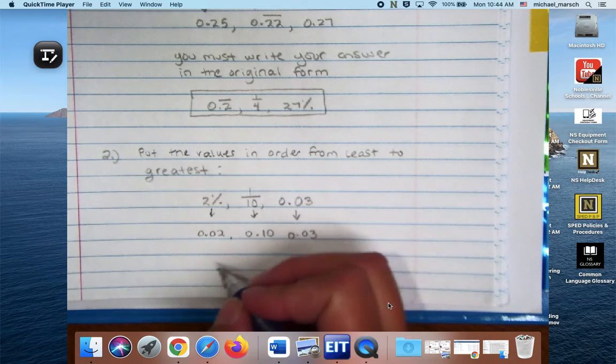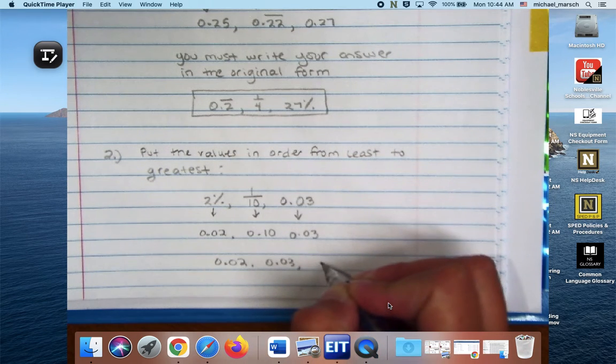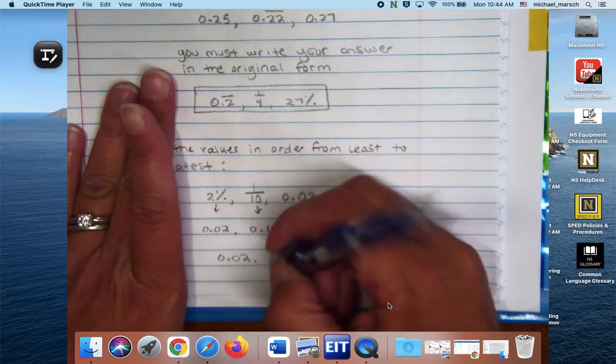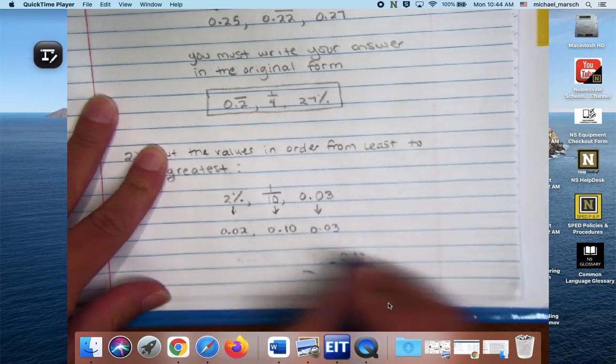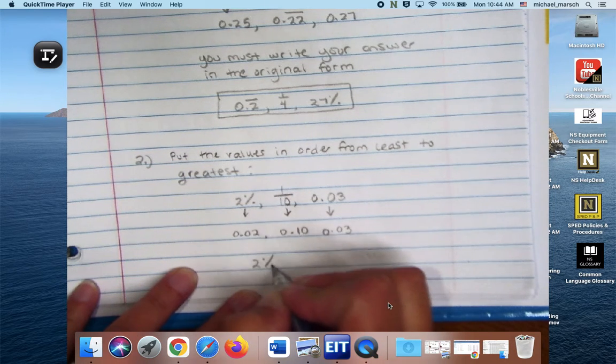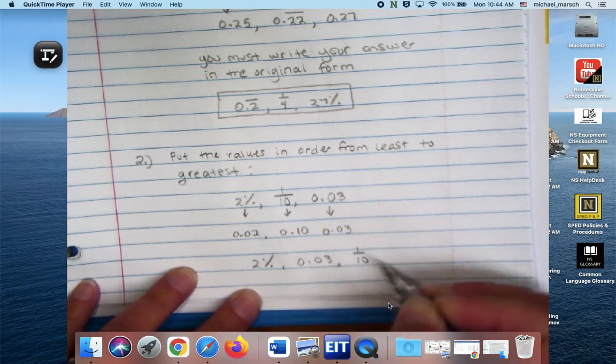Kyle? 0.02, 0.03, and 0.10. Oh, close. It's going to be 2%. Look at that. I just was like, yeah, he's totally got it. It's going to be 2%, 0.03, and 1/10.